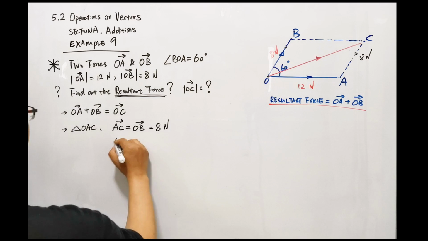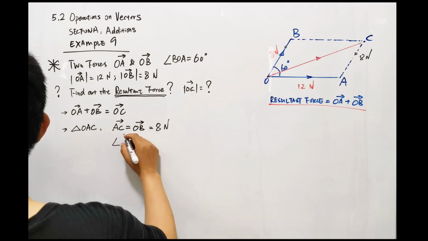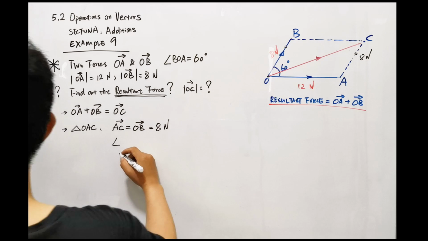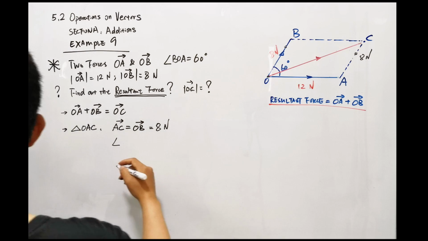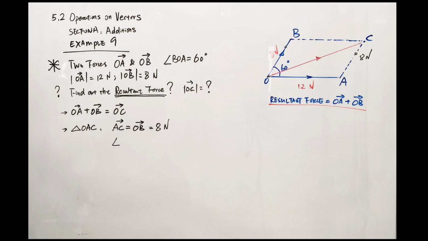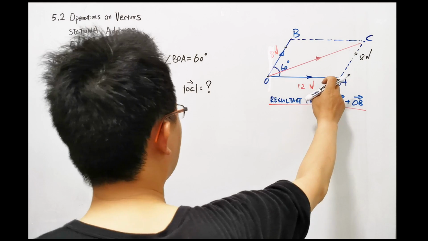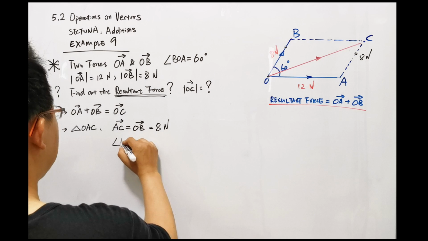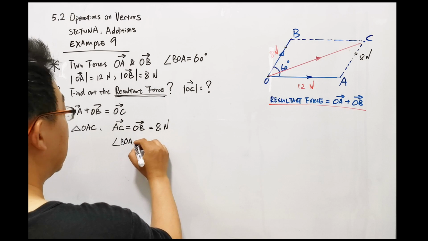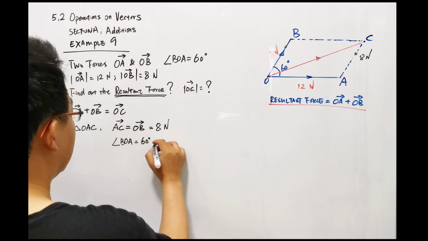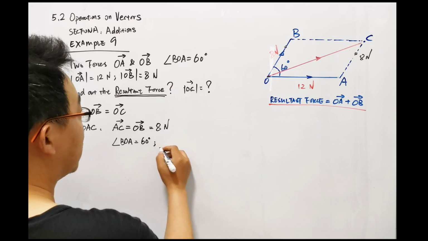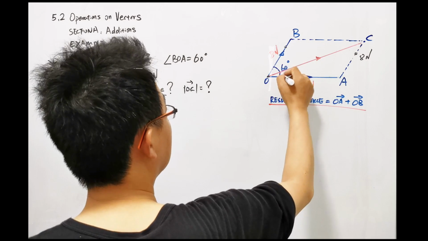And then we also know that, let's look at how this. We also know this BOA equals to 60, right? So from here we can find out, because this is 60, right?